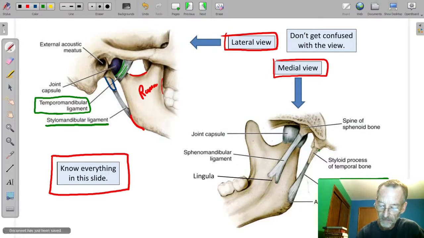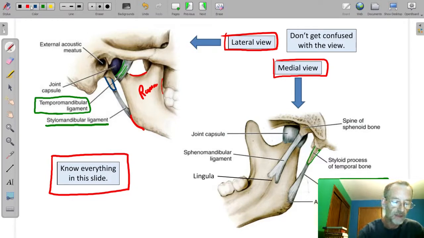Again, you can see the styloid process. And then we have the spine of the sphenoid in red. And hopefully you can find that on an inferior view of the skull. And it attaches to the lingula, and that's the sphenomandibular ligament from the sphenoid bone to the mandible.